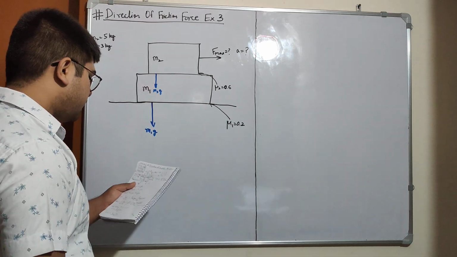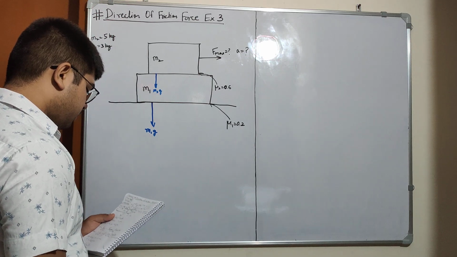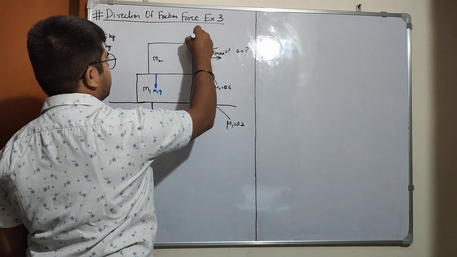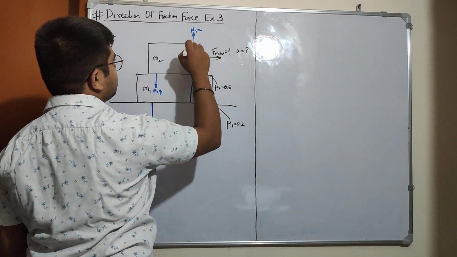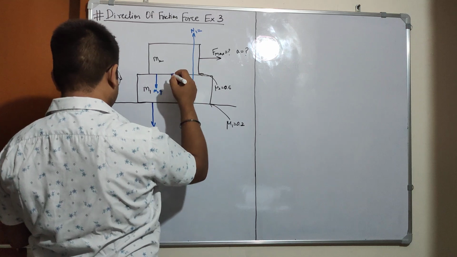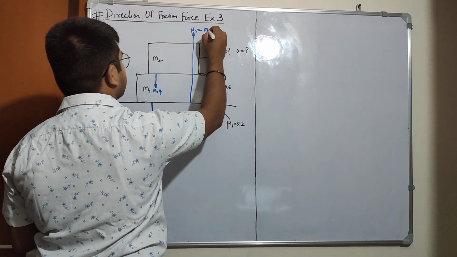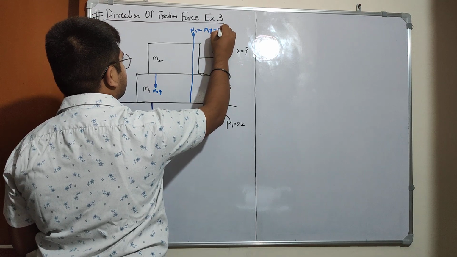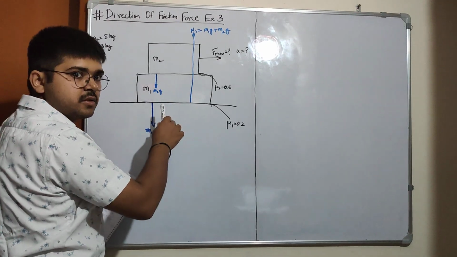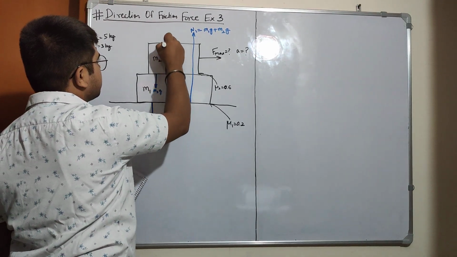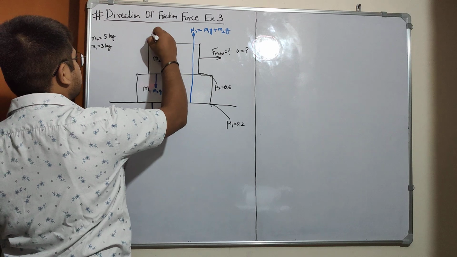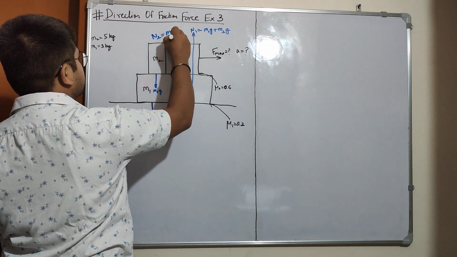Then we will have a normal reaction N1, the normal reaction over this surface, which would be M1G plus M2G. Then the normal reaction on this surface N2 equals M2G.